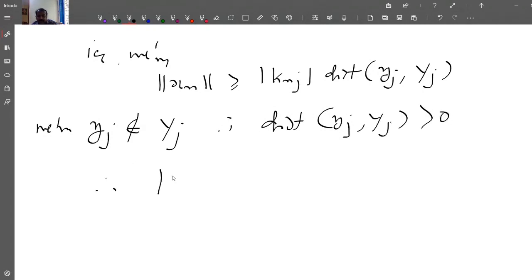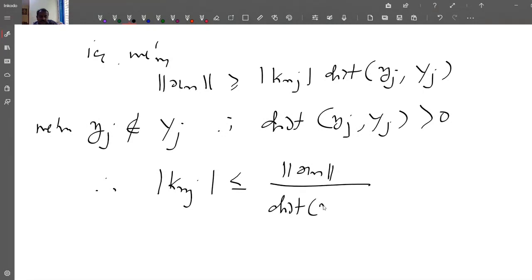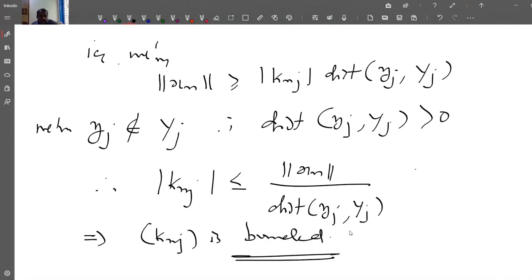Therefore, modulus of knj is less than or equal to norm of xn divided by distance between yj and Yj. This is a positive quantity, so modulus of knj is less than a positive quantity, which implies knj is bounded for j equal to 1, 2, etc. m. This proves the lemma.